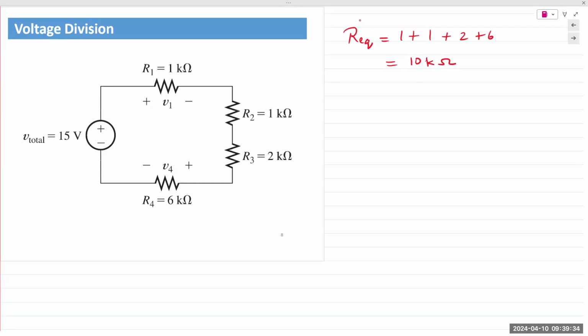10 kilo ohms. So with 10 kilo ohms and a 15 volt source applied to it, you can find the current, but voltage division is a shortcut.